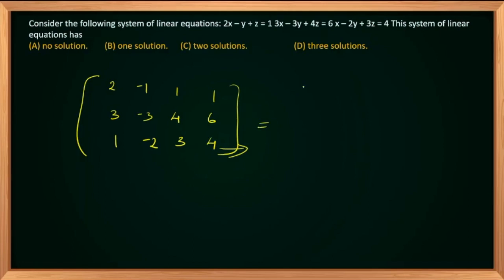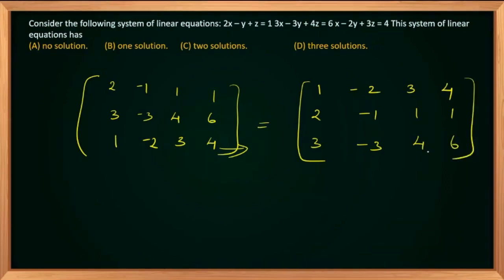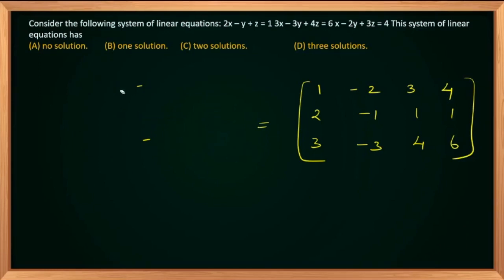So that the pivot element will be 1. So that will be much easier to work out. 2 minus 1, 1, 1. 3 minus 3, 4, 6. This is the easiest way, because you write the one with the pivot element 1 in the top. In any order, equations should satisfy, right? Option B, one solution, is what Sujit is telling.